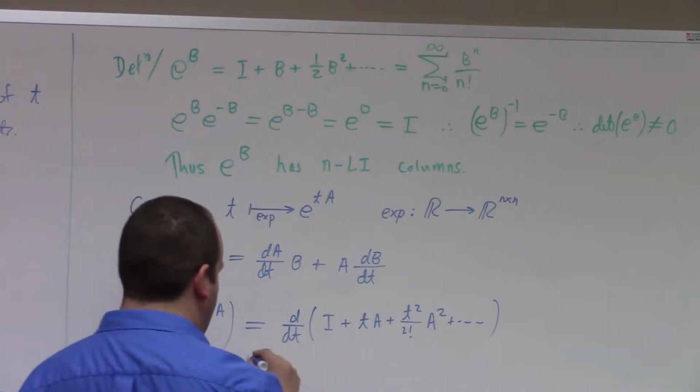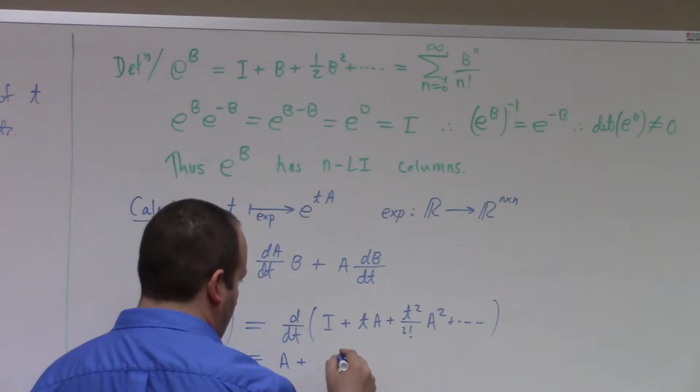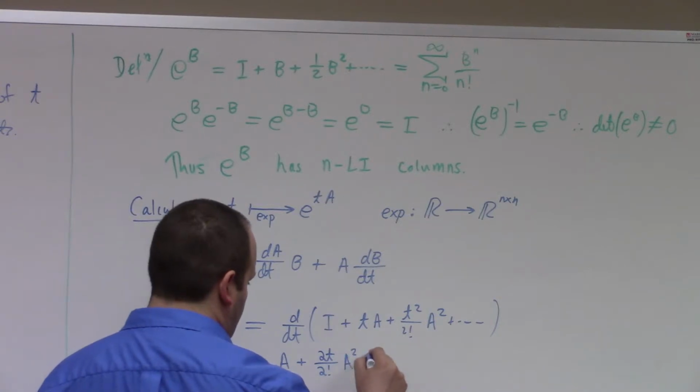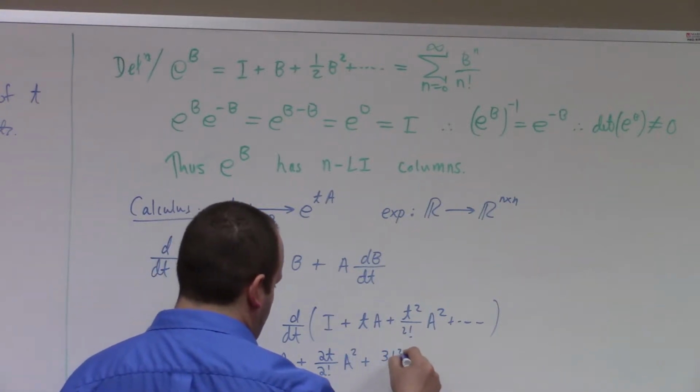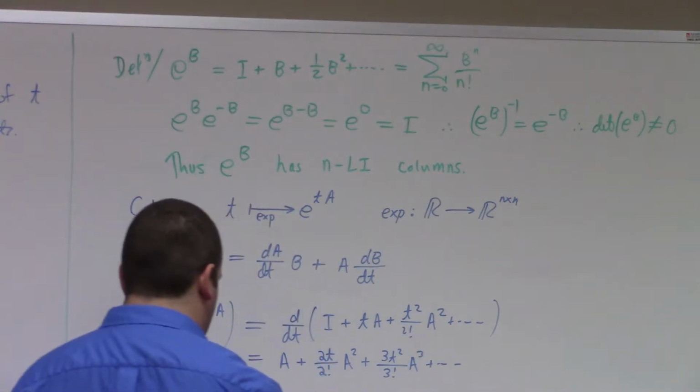All right, so that gives me a, 2t over 2, a squared plus 3t squared over 3 factorial a cubed. So you can factor out an a.